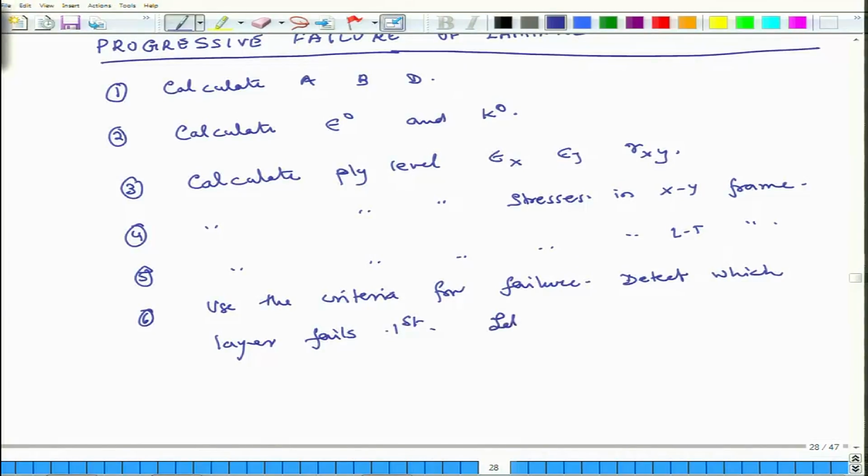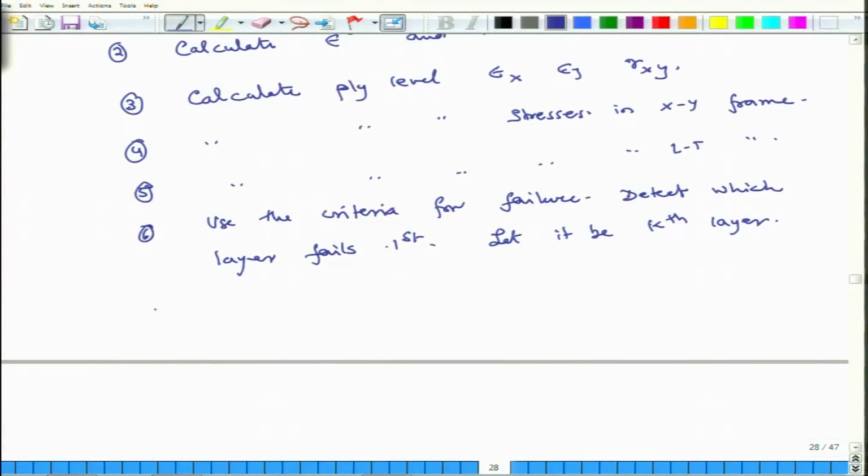So, let it be kth layer. So, suppose kth layer fails, then what happens? Then that load will get transferred to other layers, right? That layer will not take any load.